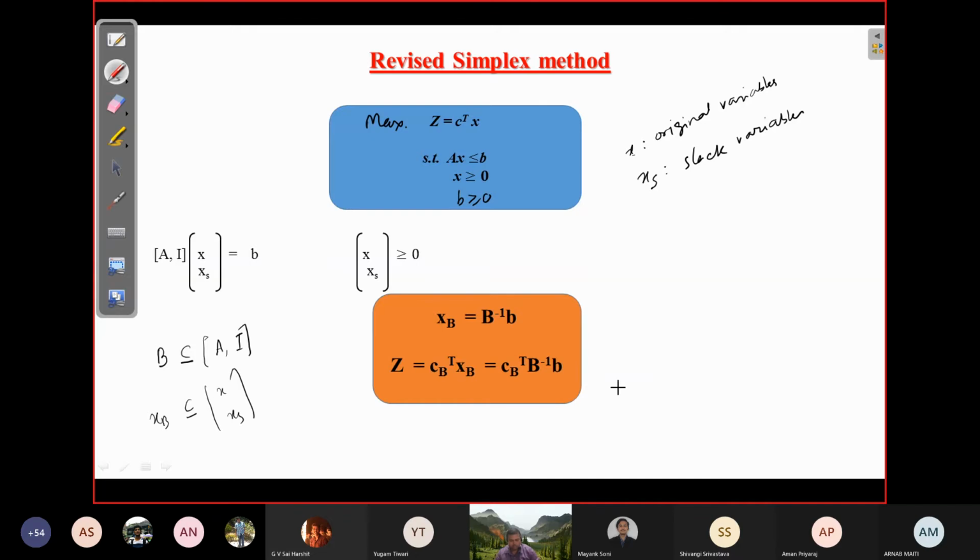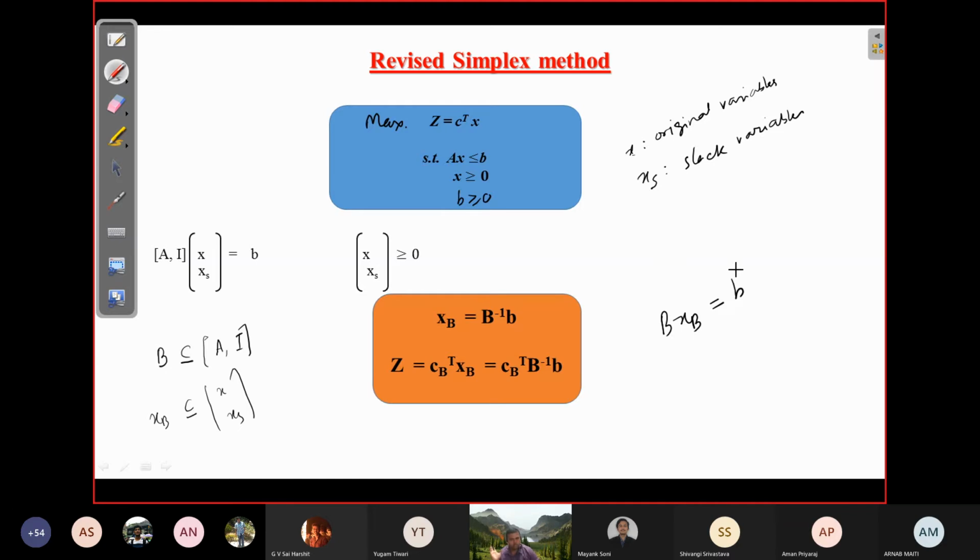Because non-basic variables are 0, we can rewrite the equation [A I] [x xs] equal to b as B XB equal to b. Can I write this?